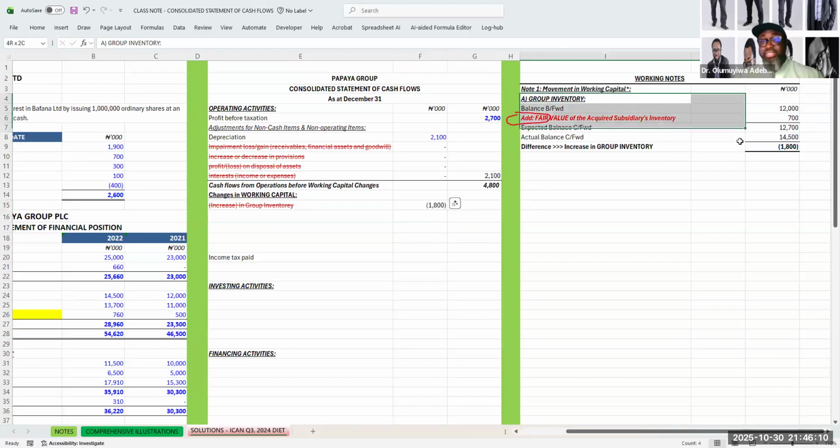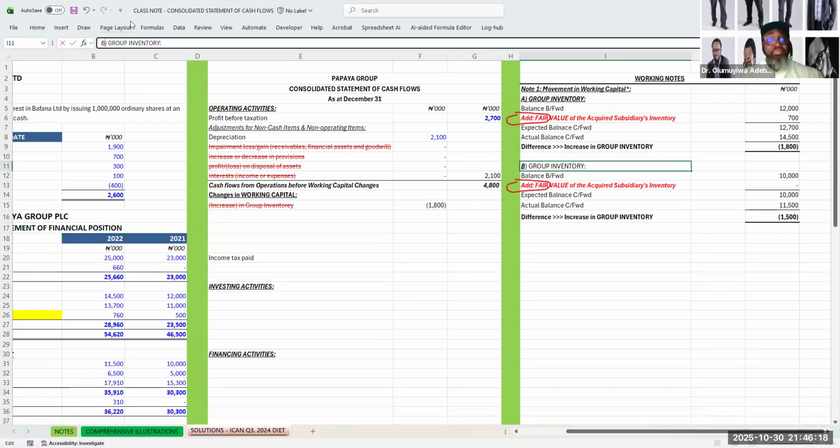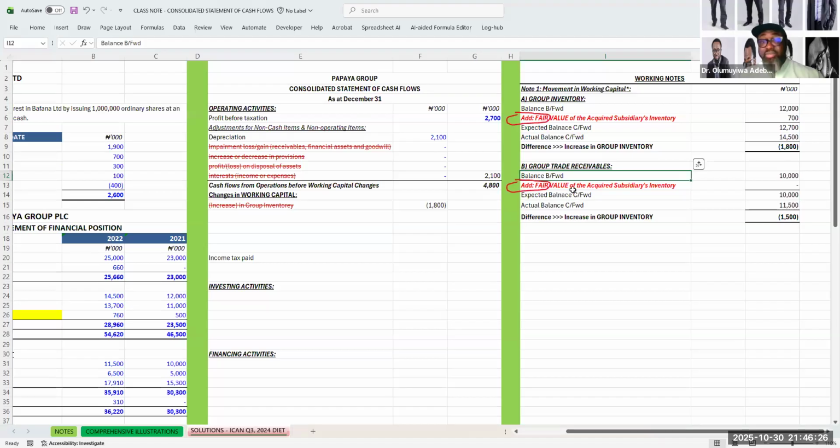I'll replicate the same thing for my trade receivable. B, group trade receivable. Now, what is my opening balance for trade receivable? I come here.